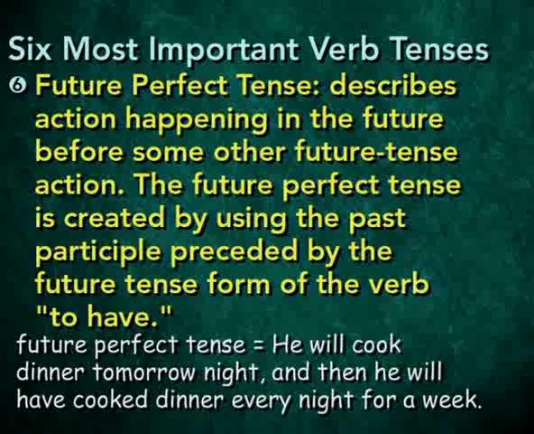The action of cooking tomorrow's dinner is taking place in the future tense. He will have cooked dinner every night for a week describes action taken prior to the cooking of tomorrow's dinner. So there's an example of how the future perfect tense is used. Of the 6 basic tenses in English, the future perfect tense is the one that's used least often.